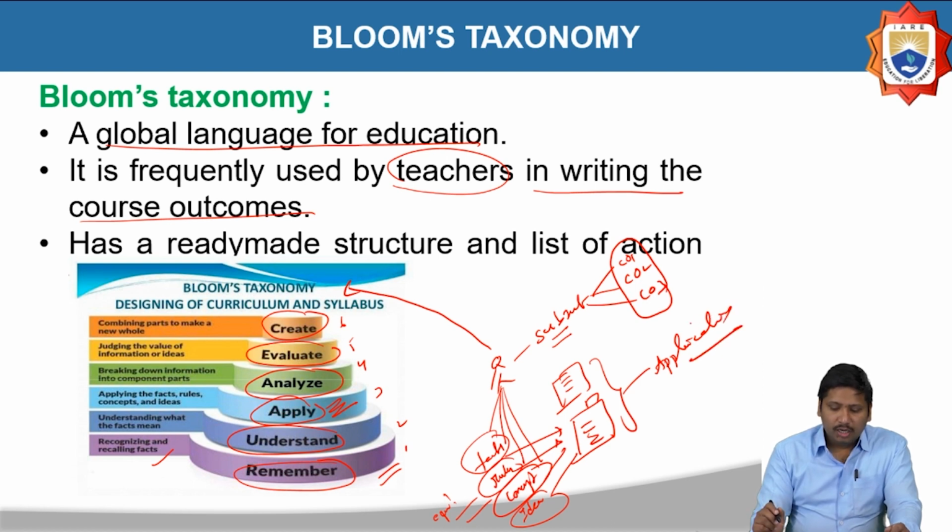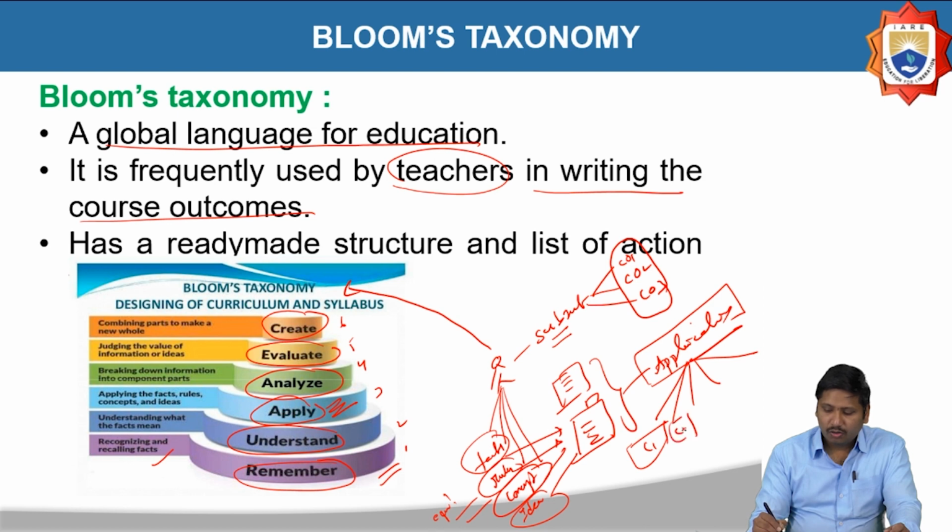Next one should be analyze. Here we have to analyze in the sense that we have to break down the information into different components. Suppose there is an application, so this application is going to be divided into different components.